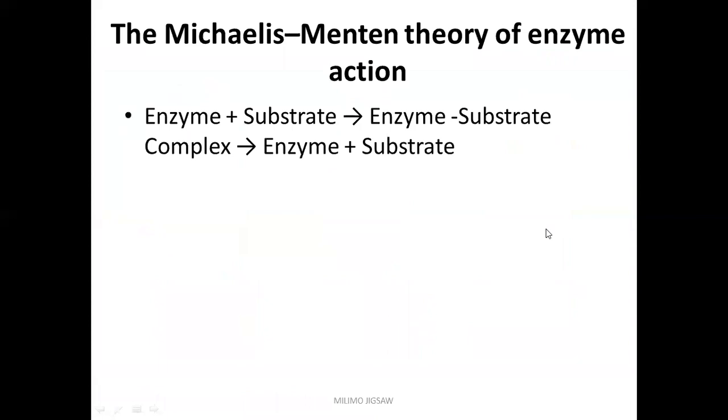So don't bother about the name of the Michaelis and Menten theorem. Simply, this offers the basis for the mechanism of enzyme action. It's a concept of the enzyme substrate complex scheme, like we have explained. It's just a summary of what happens.